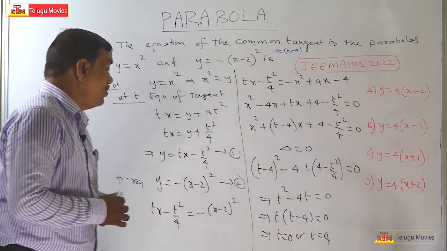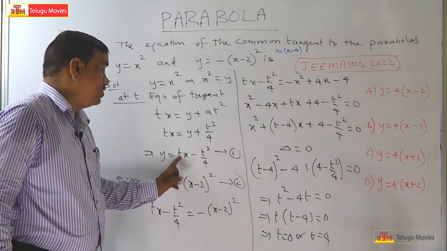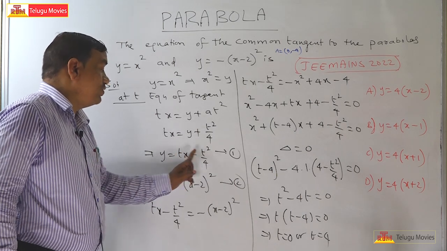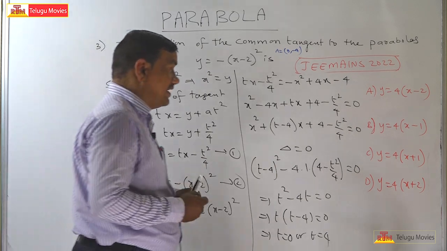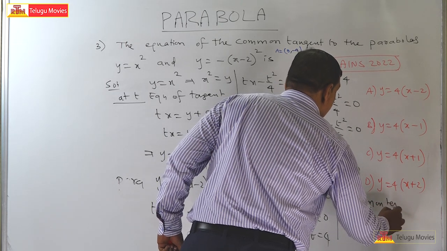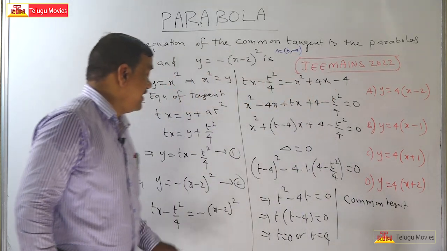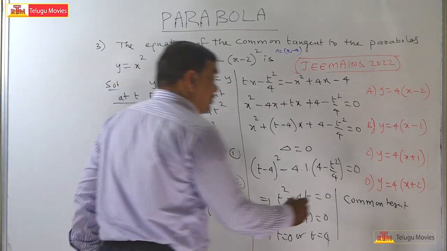That's all. Now you will get the common tangent. By substituting t is equal to 0 here, what is the common tangent? I am going to find out the common tangent. If you substitute t is equal to 0 here, y is equal to 0.